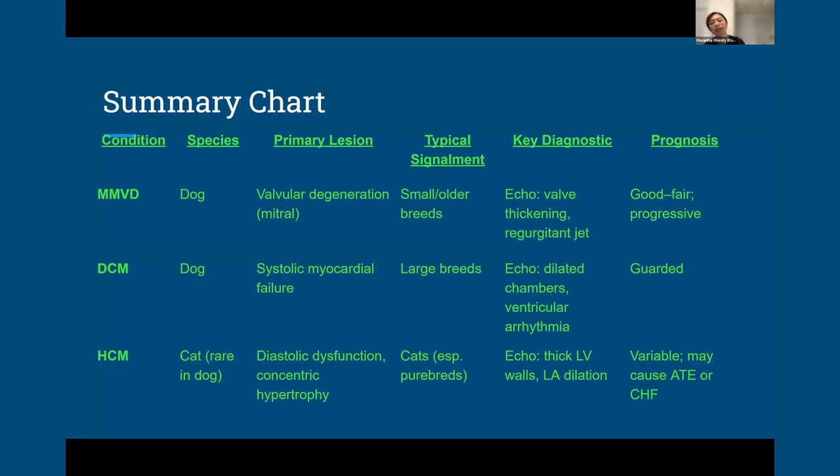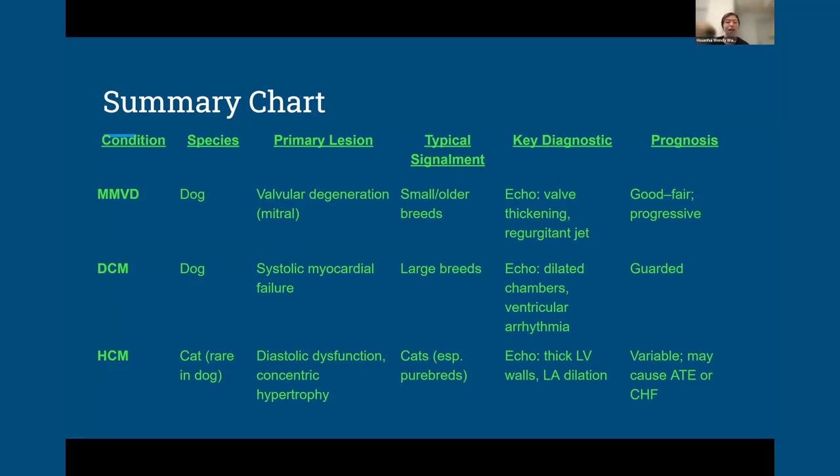The prognosis is pretty good to fair, and unfortunately it is progressive, but if we see them at stages B1, B2, and have really vigilant monitoring and start pimobendan at an earlier stage, they can live for quite some time. Once they have congestive heart failure, their prognosis is about 9 to 12 months.